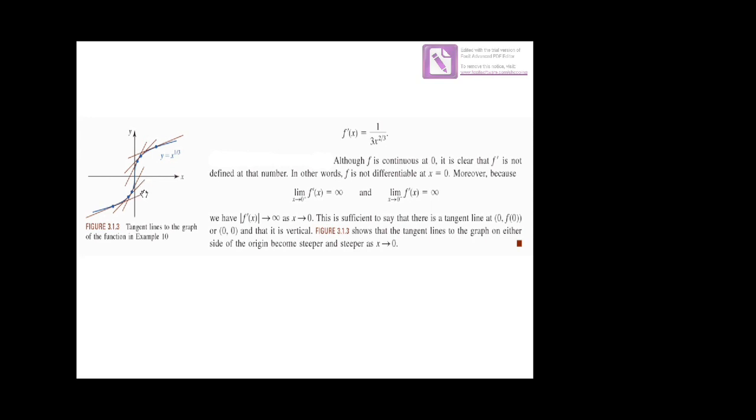Why is it not differentiable? Because if you find the derivative and then replace x by 0, you get 1 over 0, which is infinity. Since the limit of the derivative, not the function, the limit of the derivative from both sides goes to infinity, that means your function is not differentiable at 0 because it has a vertical tangent.